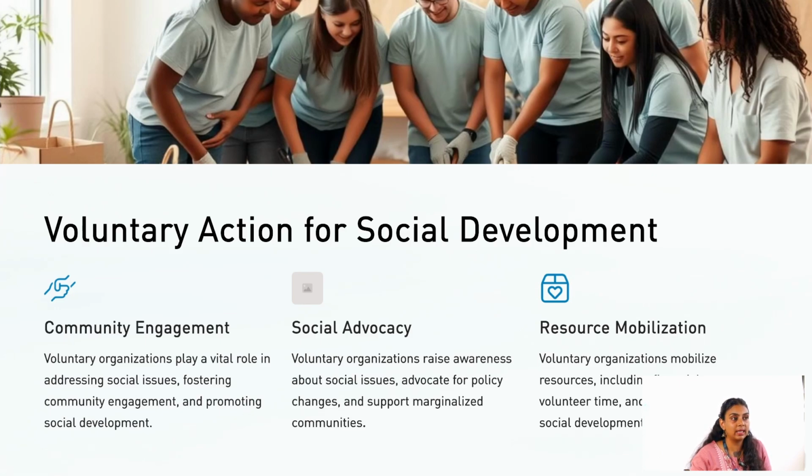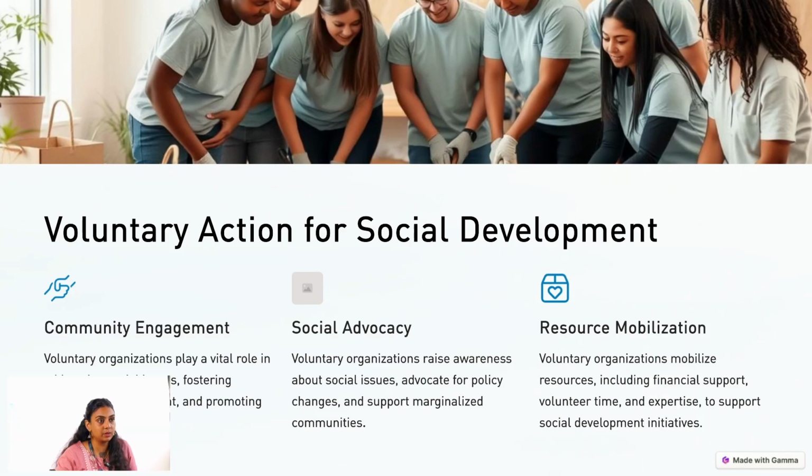Examples in India include grassroots organizations like SEWA, the Self-Employed Women's Association, which empowers women by providing skill training, legal support, and financial services, enhancing social and economic inclusion.